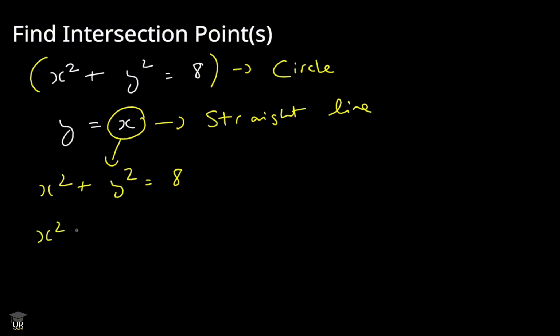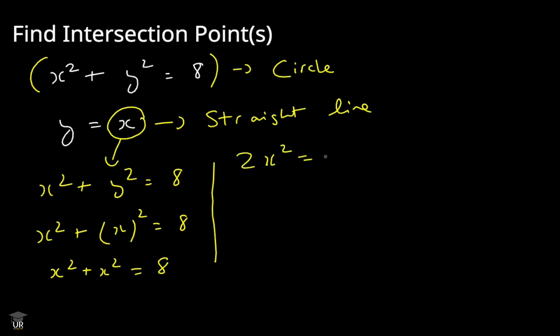So x square plus x square is equal to 8. So here this will become 2x square is equal to 8. Now I can simply cancel this out, so this will become 4.